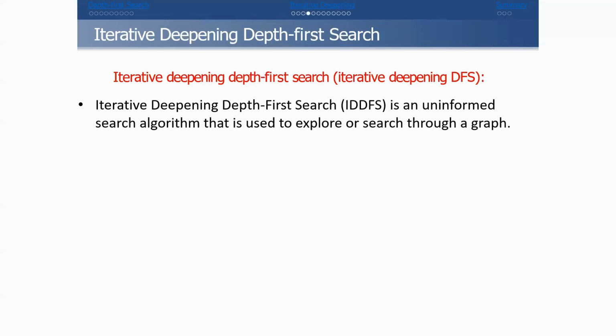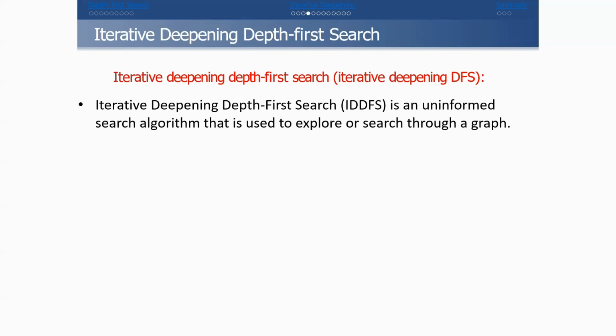So the main core idea of the IDDFS, the fundamental idea behind the IDDFS, is to perform a series of depth-limited depth-first searches, right? DLDFS, we can say, like depth-limited depth-first search, gradually increasing the depth limit in each iteration.